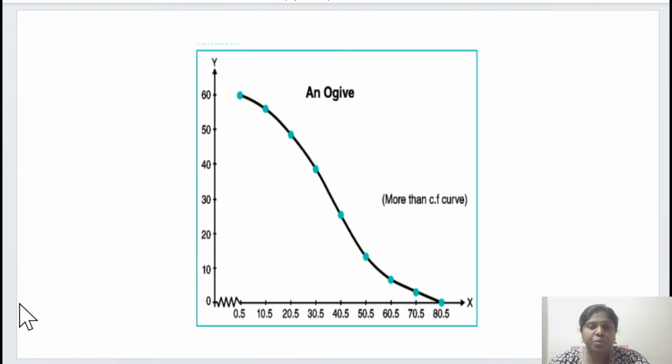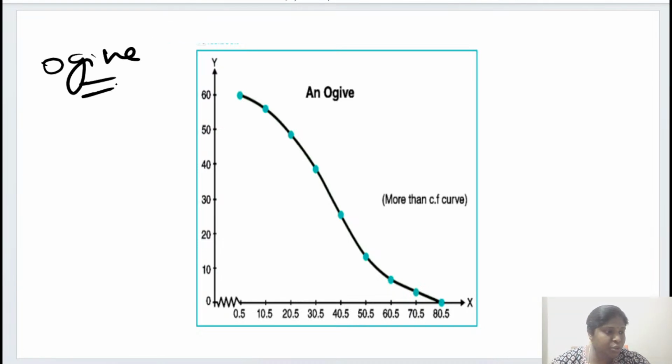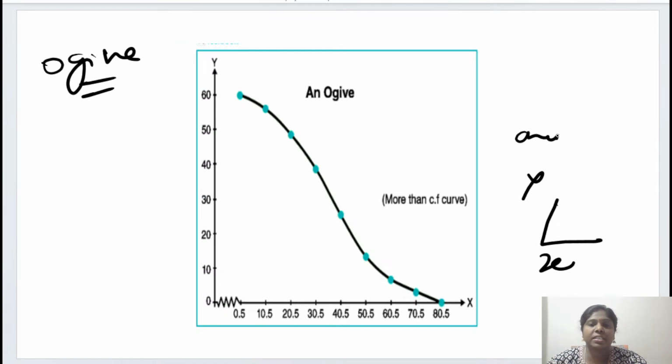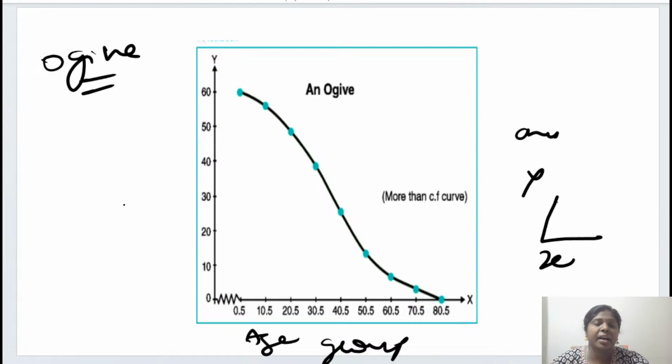And this is an ogive diagram. At the bottom we have the x-axis, and on the side we have the y-axis. For example, we have put the children's age group on one axis and their weight on the y-axis.